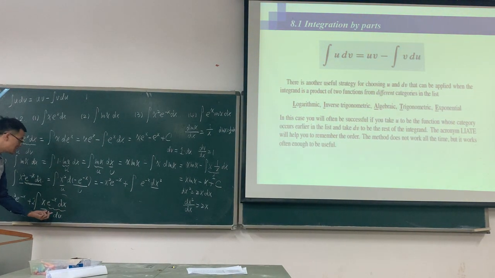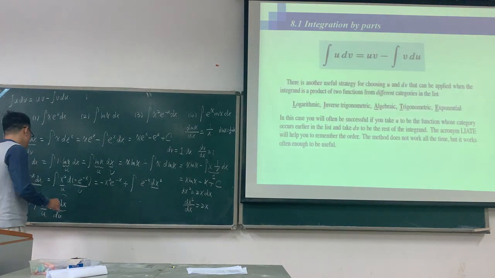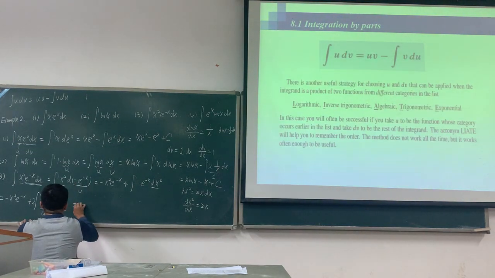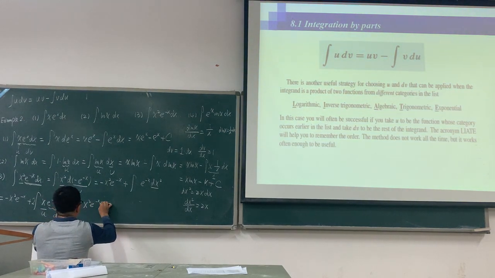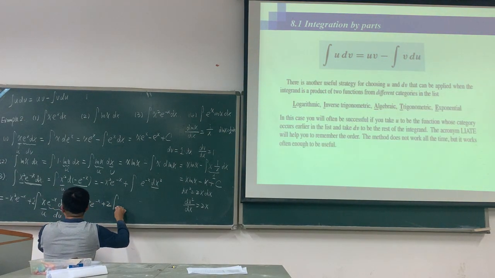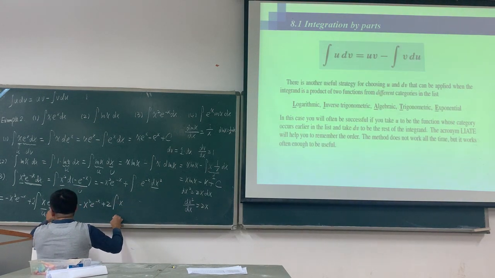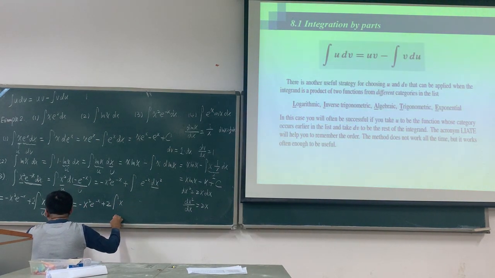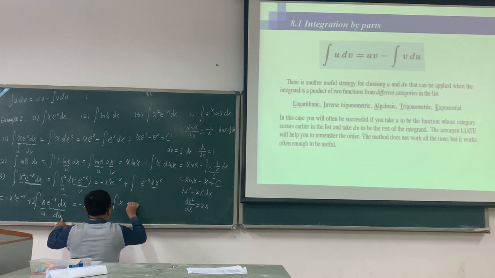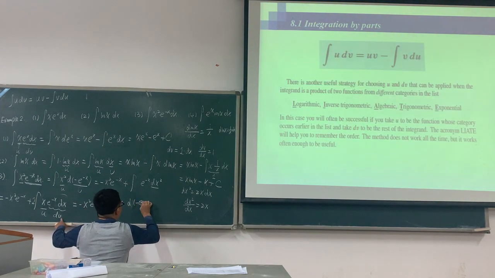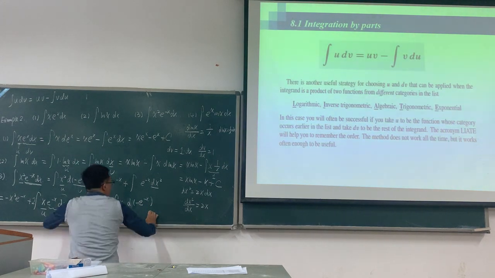So we have minus x squared e to the minus x plus 2 times the integral of x e to the minus x dx. We just compute v, which is minus e to the minus x.